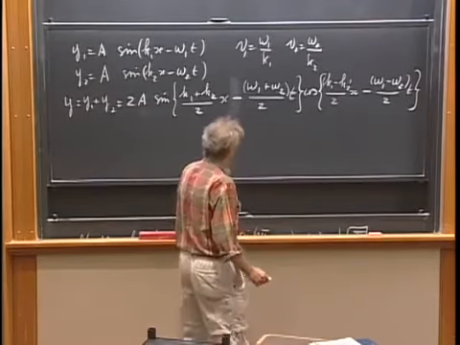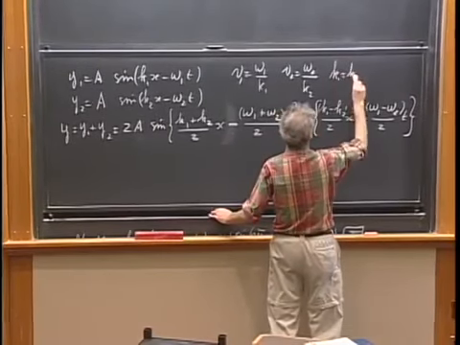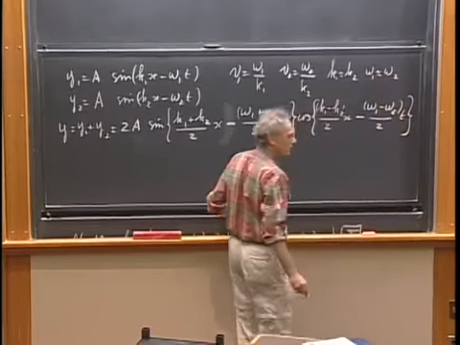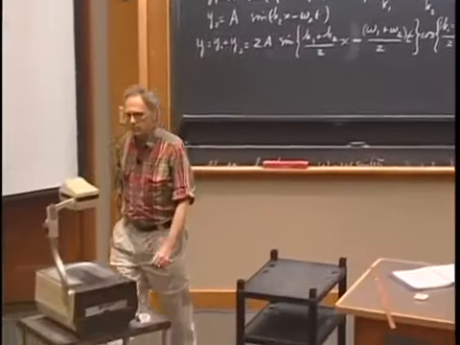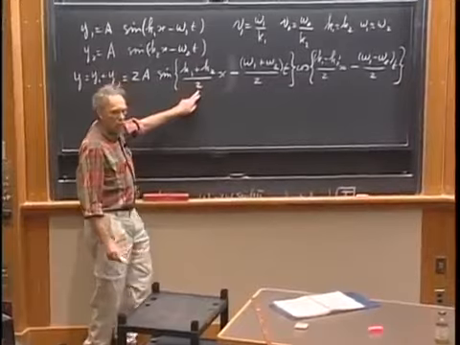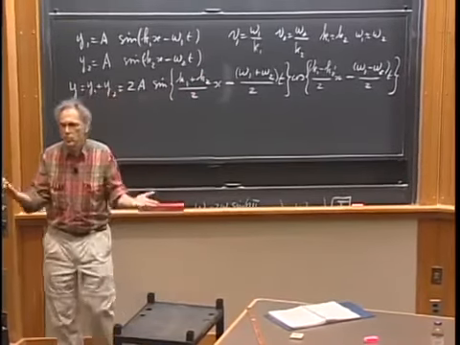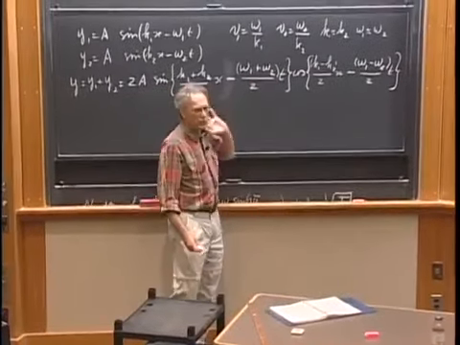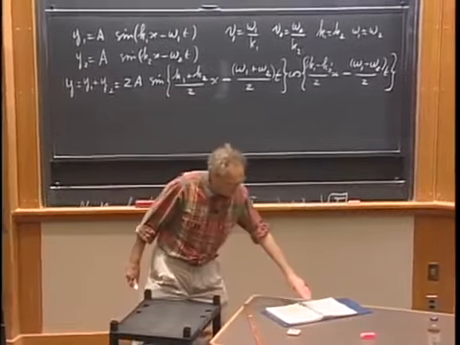Now let us take as an example whereby k1 is approximately k2 and omega 1 is approximately omega 2. So we take the frequencies close together. You would agree with me then that k1 plus k2 over 2 is then effectively k. It's the sum of the two divided by 2. You would also agree with me that omega 1 plus omega 2 divided by 2 is omega, sort of the mean value between the two.